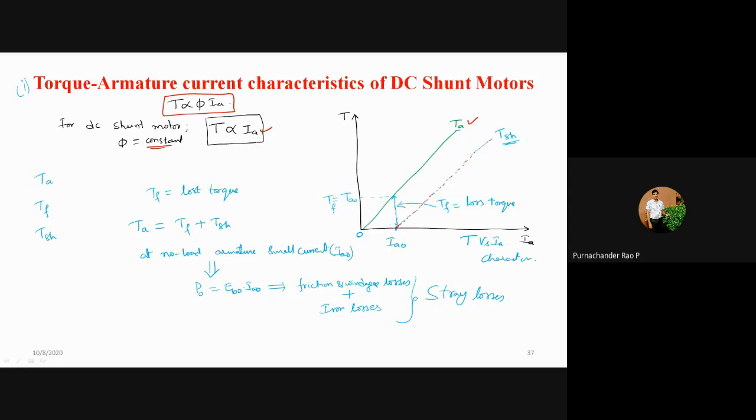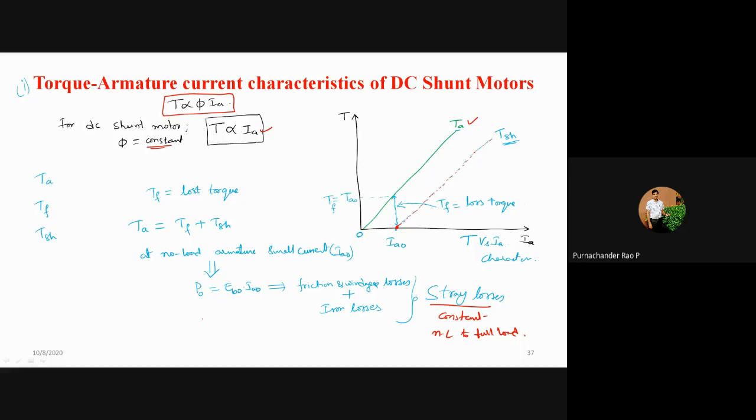At no load condition, TSH is not equal to TA naught, because some small amount of the torque which is developed is used to overcome the stray losses present in a machine. These losses are always constant, so they are constant from no load condition to full load condition.